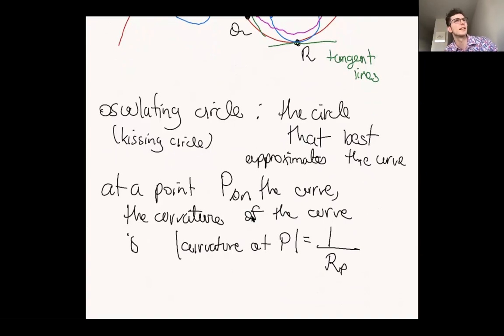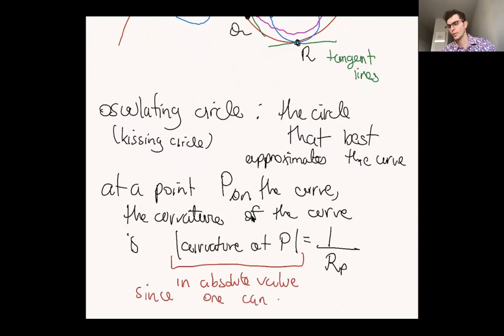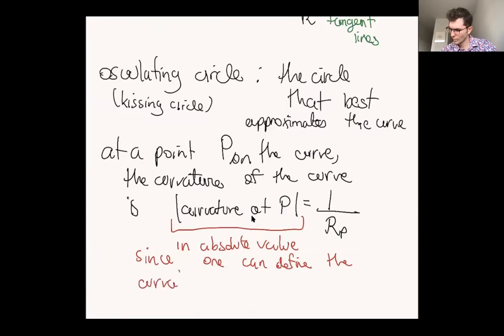That's related to this concavity business, that there's positive concavity and negative concavity. So this is in absolute value, because one can define the curvature with sign, so that it is positive or negative.